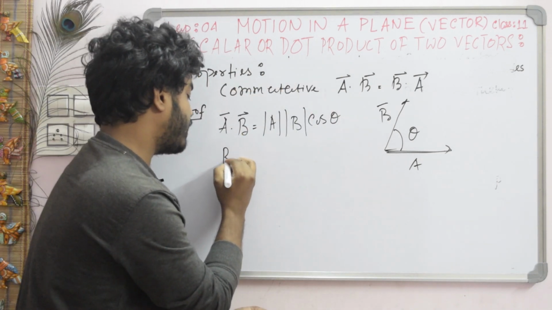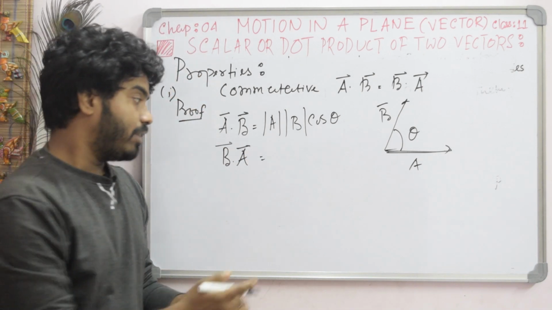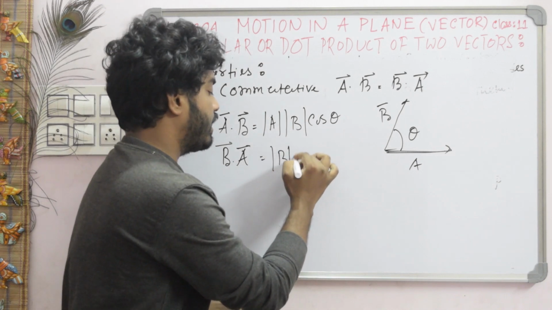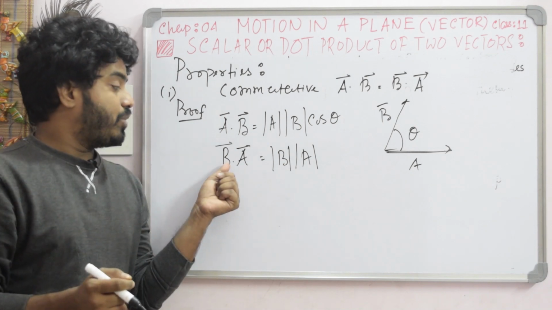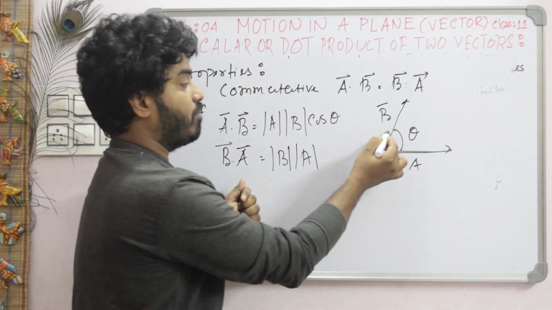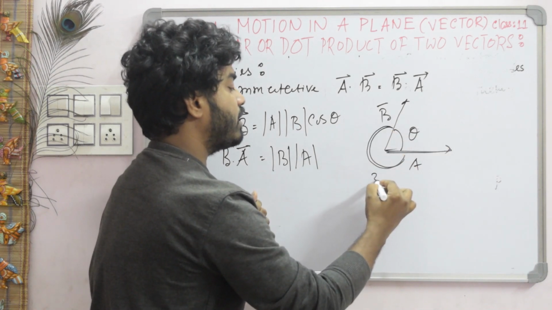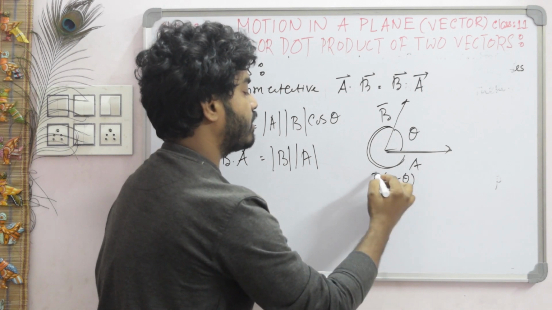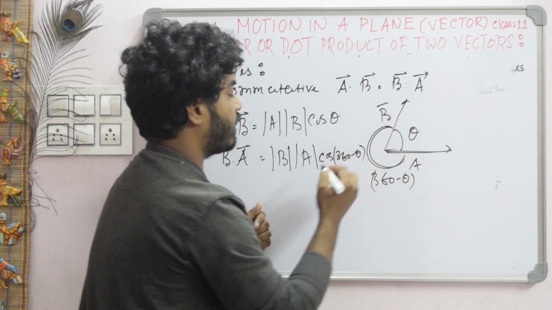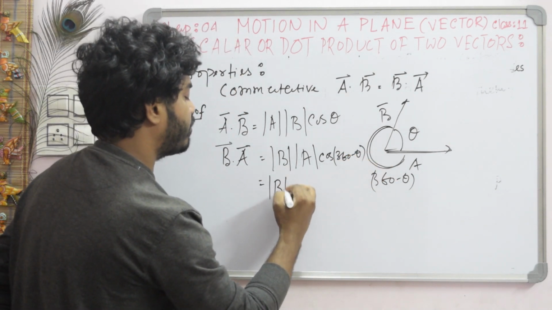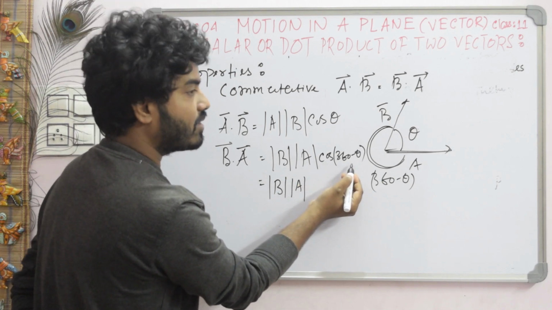Now when I write B dot A, first you write the magnitude of B, then the magnitude of A, then you take the angle from B to A, in this direction. When the angle from A to B is theta, this angle will obviously be 360 minus theta. So this value will be cos of 360 minus theta, and that is cos theta.